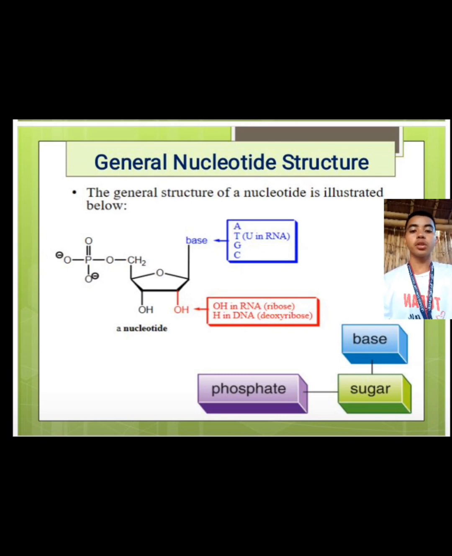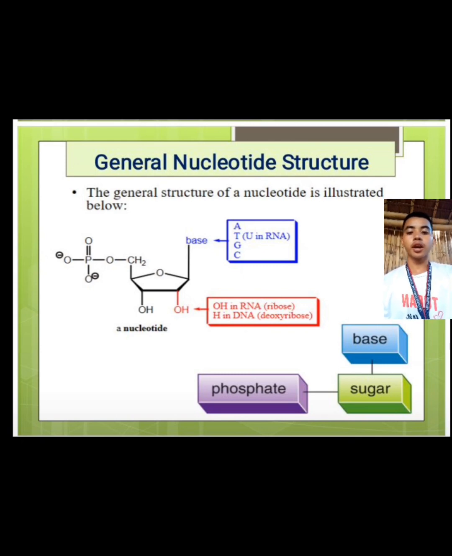The sugar component of a nucleotide is either ribose or deoxyribose. Ribose has a hydroxyl group attached to the second carbon atom, while deoxyribose lacks this group.